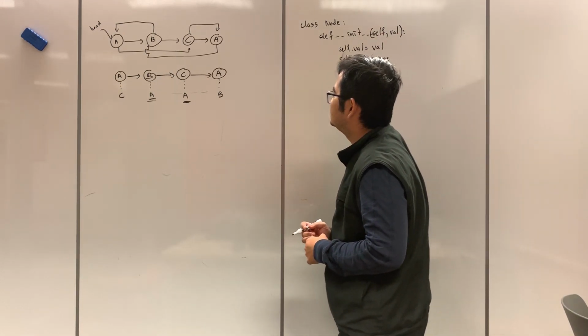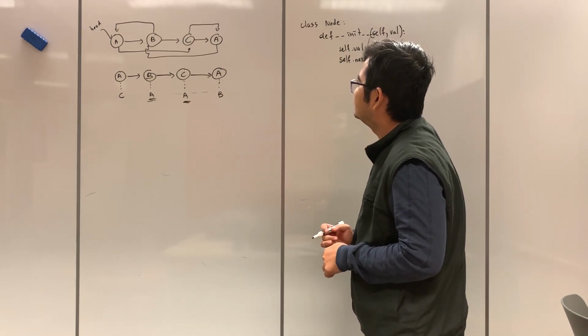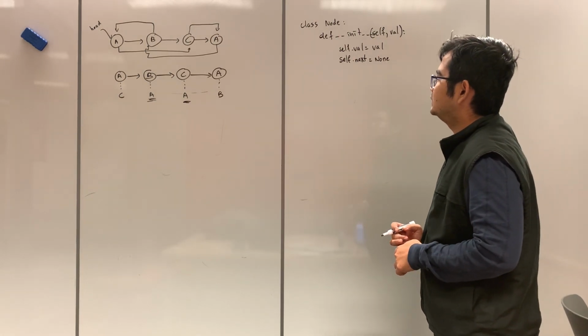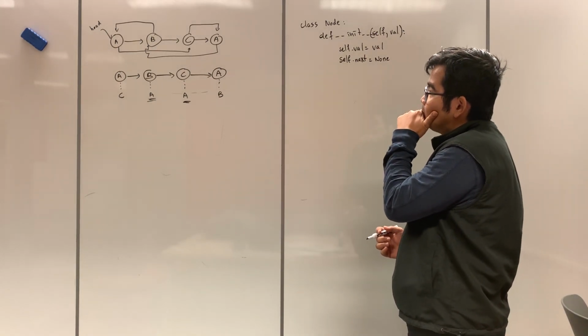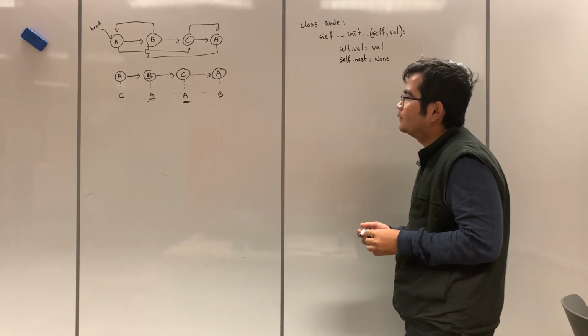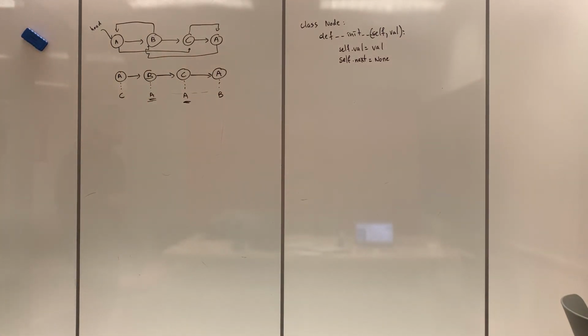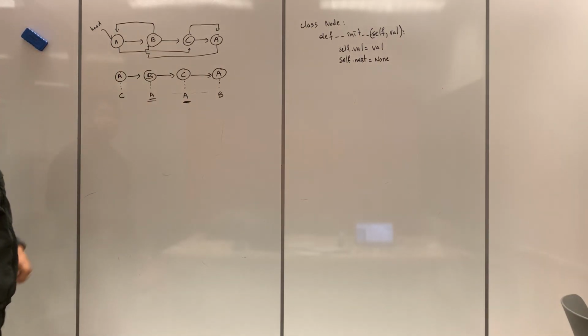So as we traverse, we can keep a record C, A, B. Oh, how about this?